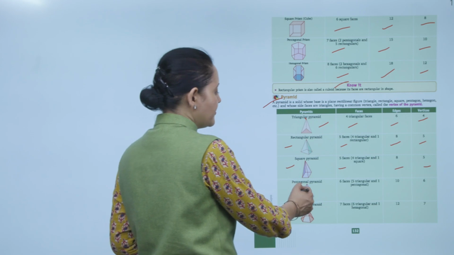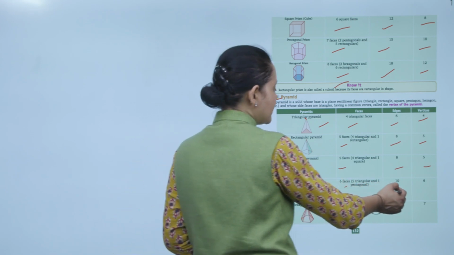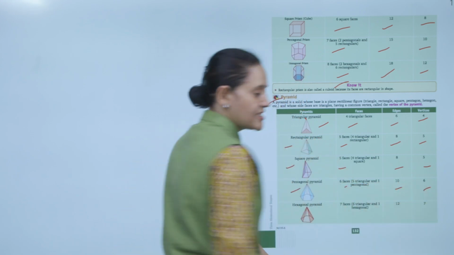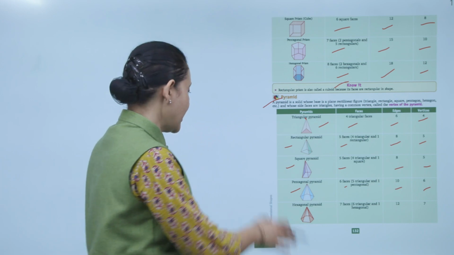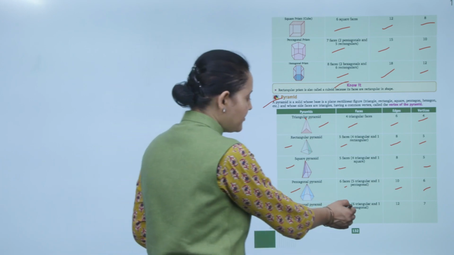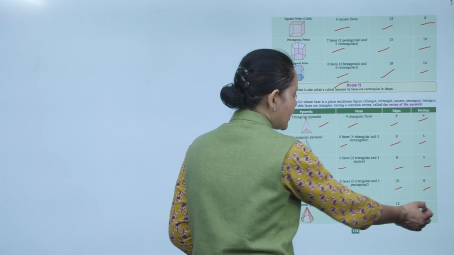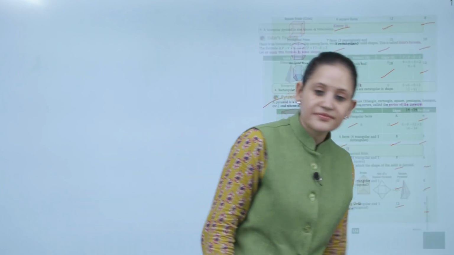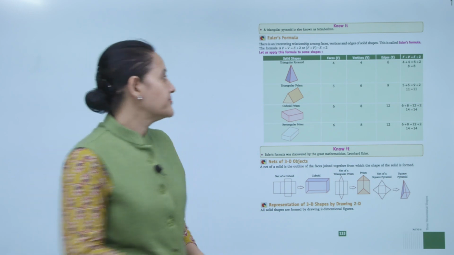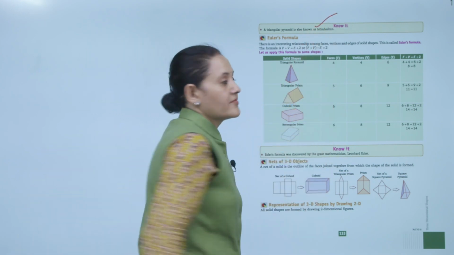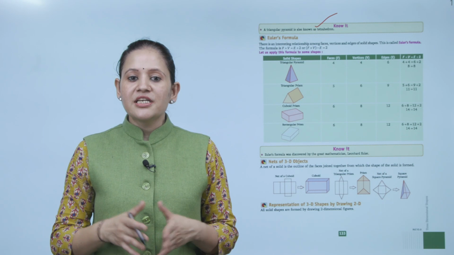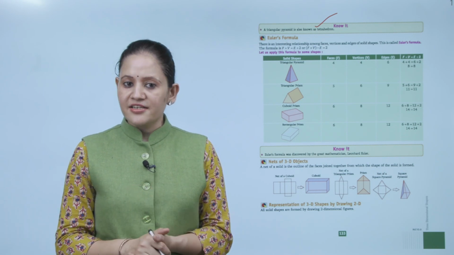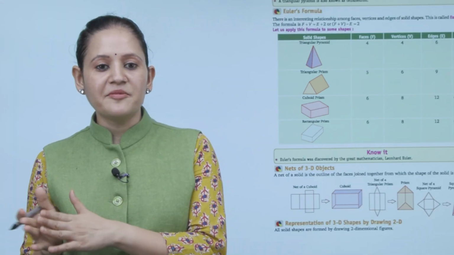Pentagon pyramid: 6 faces, 10 edges and 6 vertices. Hexagon pyramid: 7 faces, 12 edges and 7 vertices. Know it. A triangular pyramid is also known as a tetrahedron.